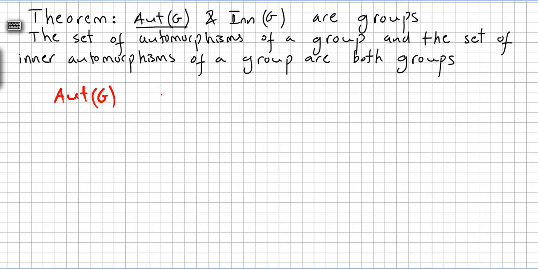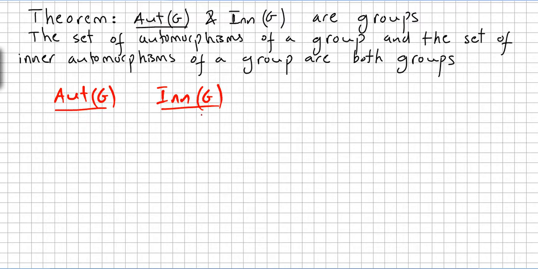Theorem: the automorphisms of G and the inner automorphisms of G are groups. The set of automorphisms of a group and the set of inner automorphisms of a group are both groups.